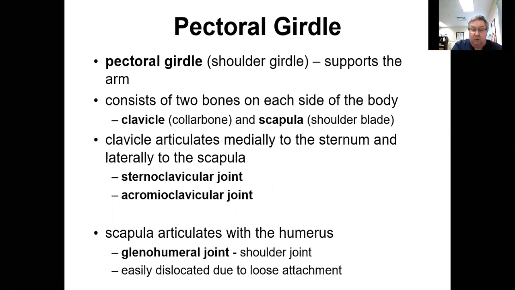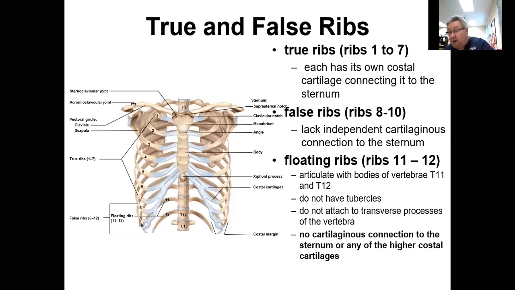All right, so let me go to the muscles on the ribs. So remember, we have our internal and external obliques come from the ribs. Latissimus dorsi comes from the lower 4 ribs.